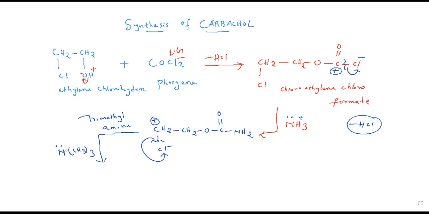Now the positively charged carbon atom can be stabilized by using this nitrogen. So you will get (CH3)3N. The lone pair of electrons present on nitrogen will be donated to this particular carbon, so this carbon will form a new bond with nitrogen.